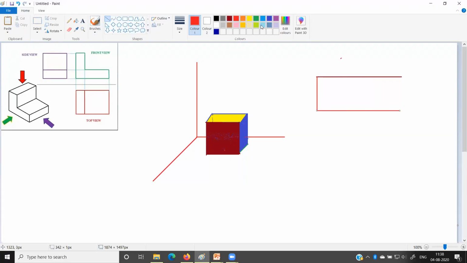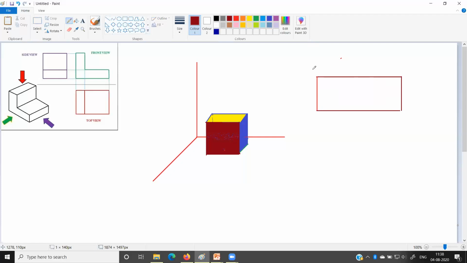Those projection lines start from the object, and after passing through the object, they fall on a plane. Consider that is a projection plane. Here this is our projection plane.